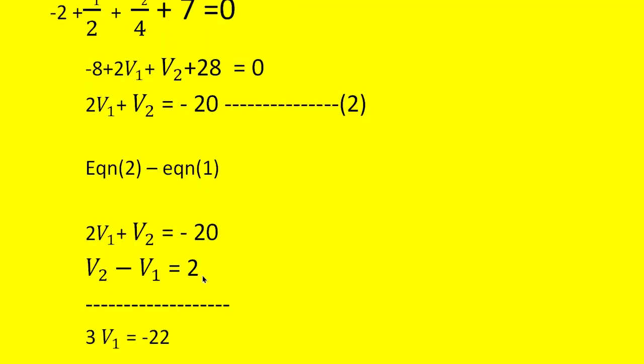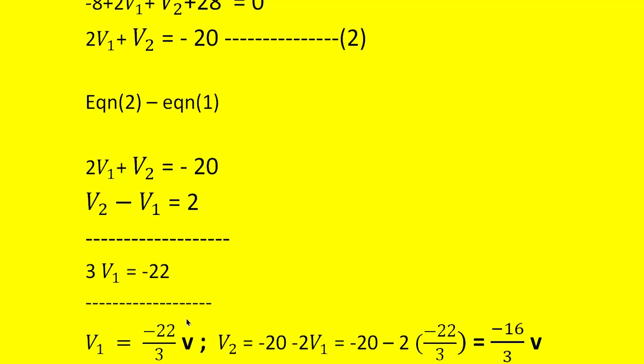So you subtract this second equation, that is equation 1. Once we subtract, we get like this: 2v1 plus v2 minus v2 minus of minus v1 means plus v1. So this v2 and this v2 get cancelled, and this 2v1 and this v1 get added. So we get 3v1. Then on the right side, minus 20 minus 2. So we get minus 22.